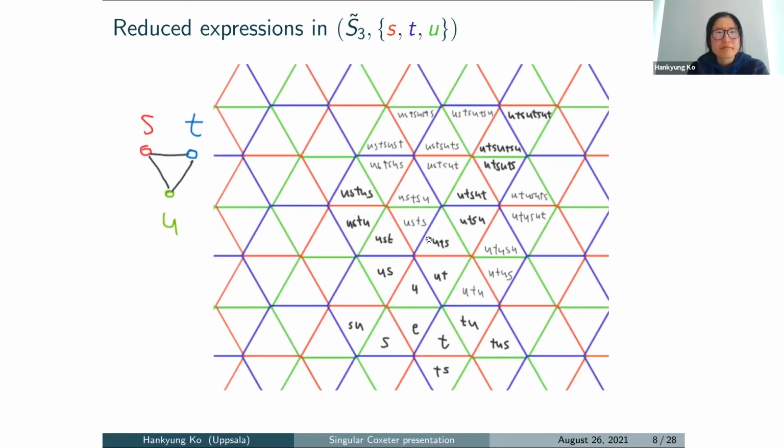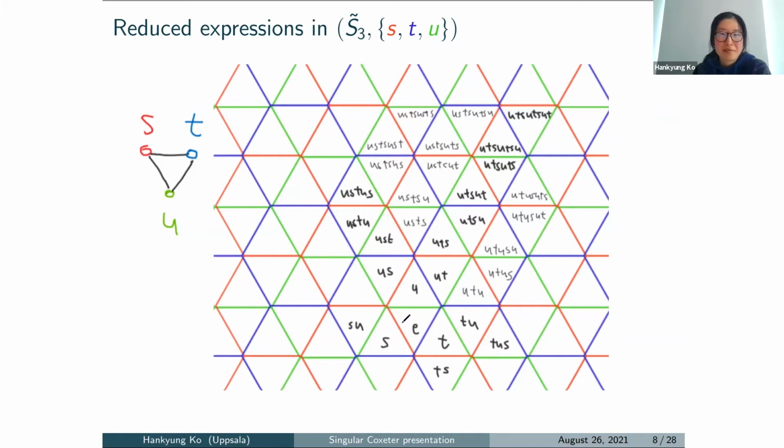Now I can give this example using the same way to get elements by acting with the reflections. This was the affine symmetric group S3 tilde, and here I chose this to be the origin.